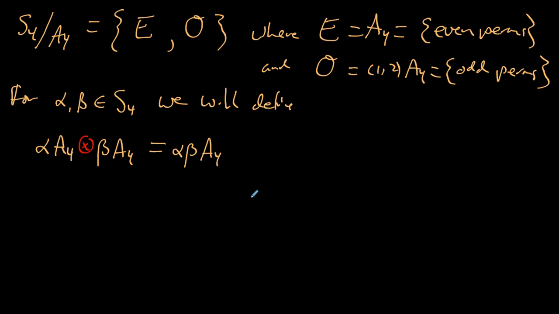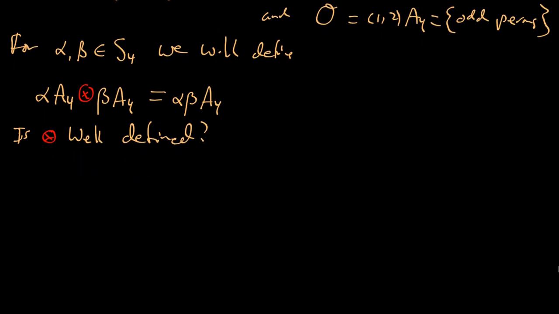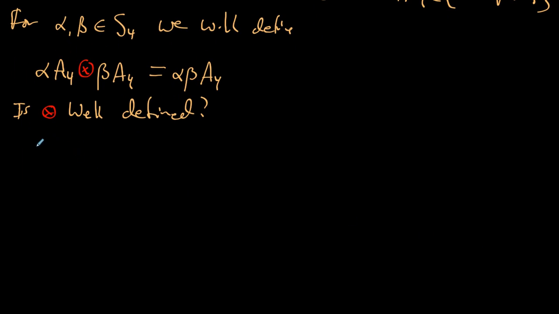And we have to basically show that this particular operation is a group operation. Well, the very first thing that we need to do is look at whether this operation is well defined. And it turns out that it's not too hard to show that this is well defined.